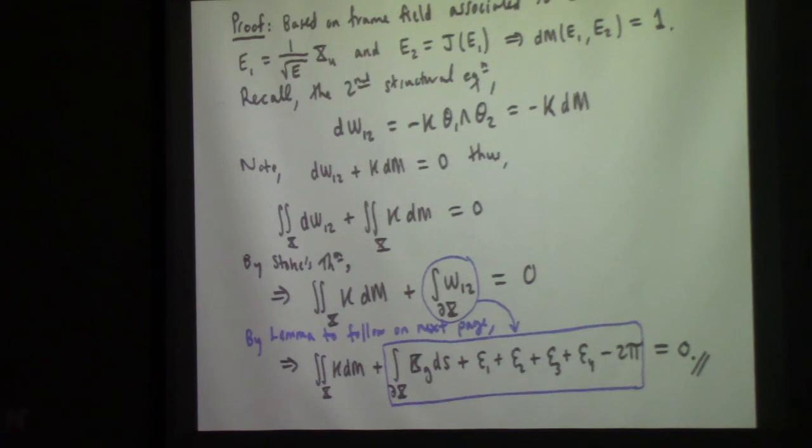So that gives us that the double integral of the 2 form d omega 1, 2 plus the double integral of the 2 form k dm is equal to 0. All right? You guys with me so far? So we're just integrating this 2 form equation over the surface, over the rectangle.